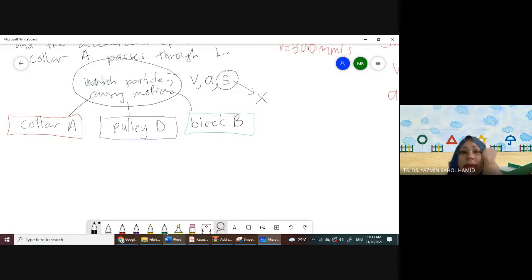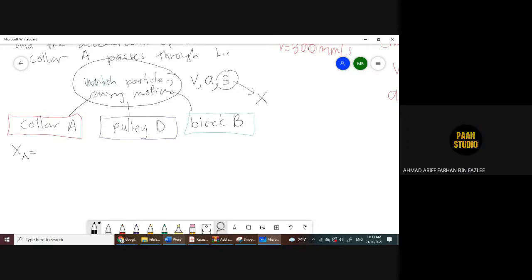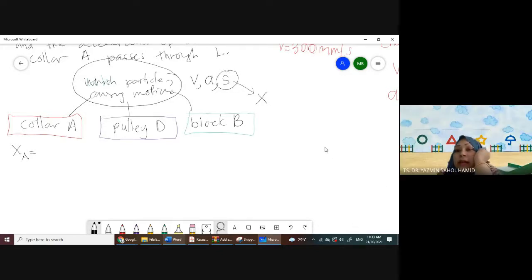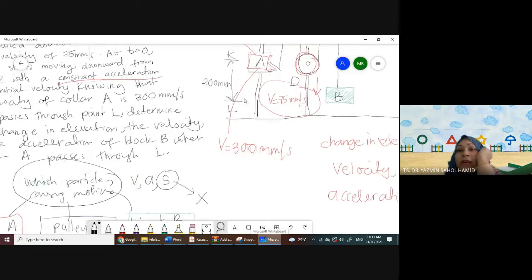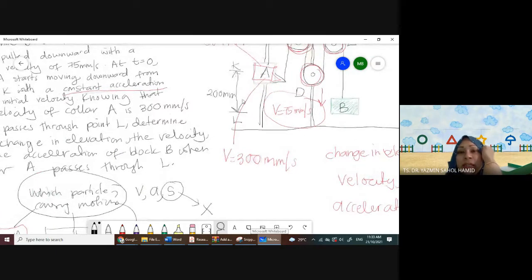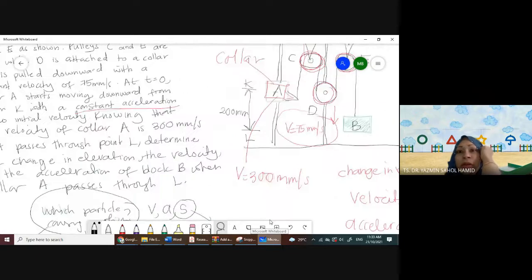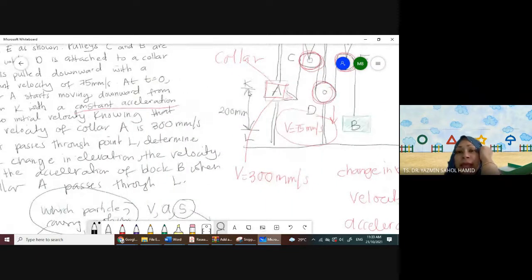So tell me, does XA have a value? Yes. What is it? 200. Okay, so XA has a value of 200. However, we're not sure where the initial and the final are, right? But we know that collar A moves from position K until L. That one we understand.